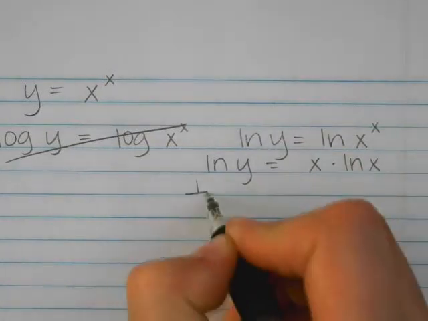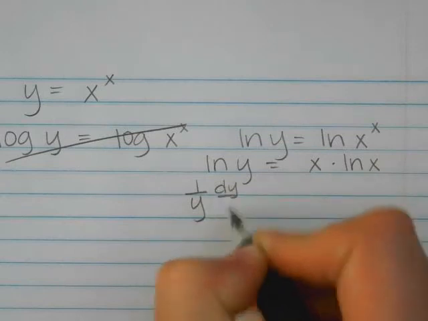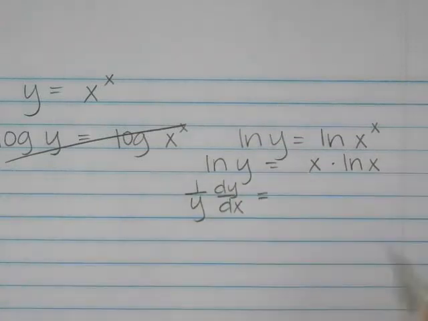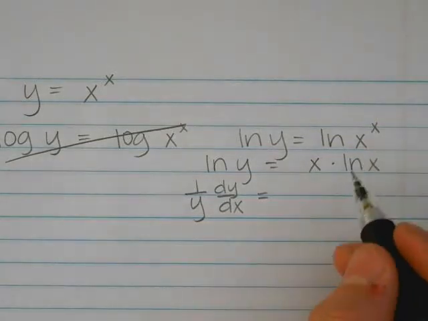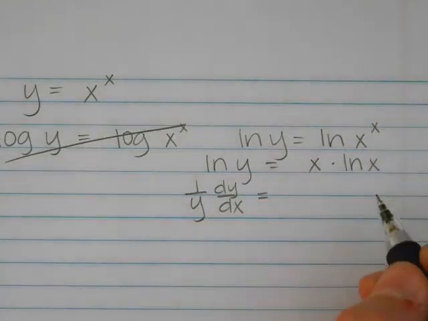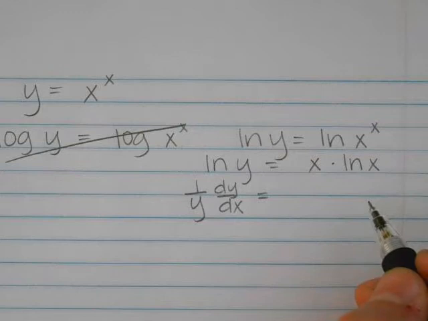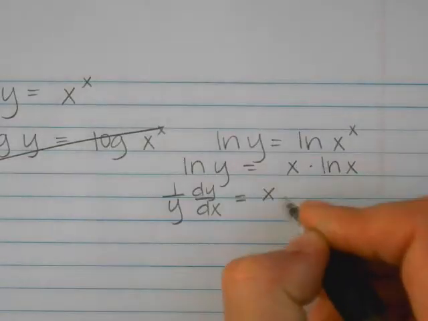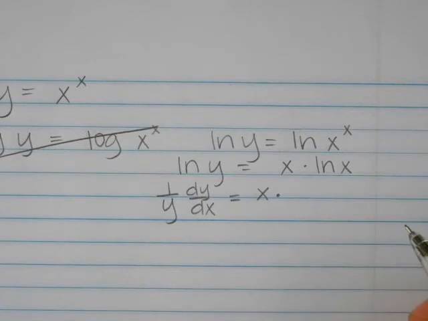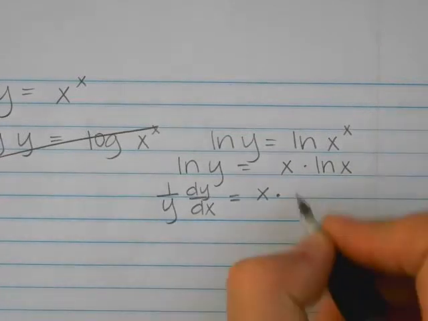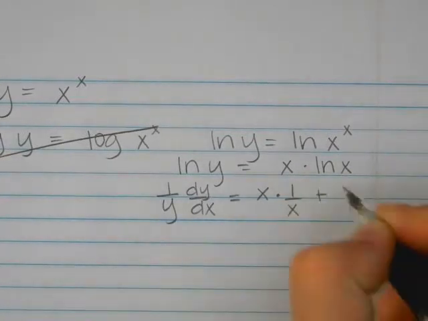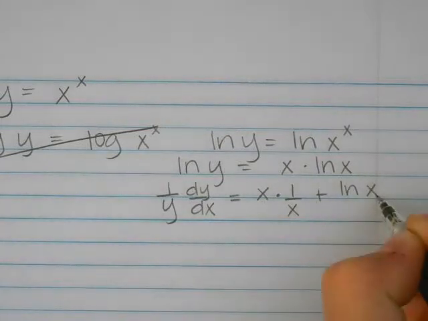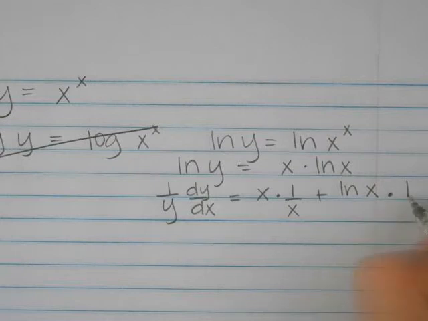Yeah, so it's 1 over y and then dy dx. And then how do I do the derivative of x multiplied by ln x? Product rule. So I've got the first multiplied by the derivative of the second, 1 over x, plus the second multiplied by the derivative of the first, 1.